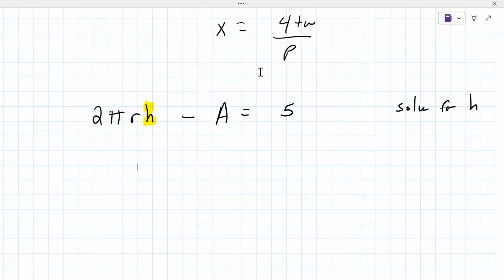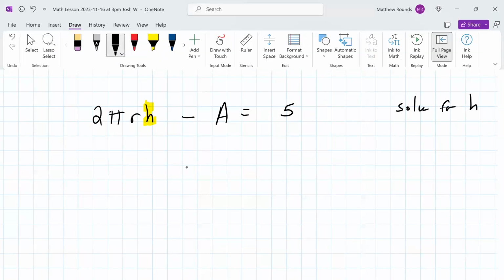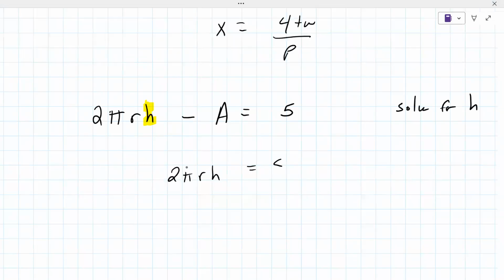Then we would divide by 2. What did you undo first? I undid the minus a, so plus a on both sides. All right, so this is 5 plus a, and then you divide by everything in front of h.